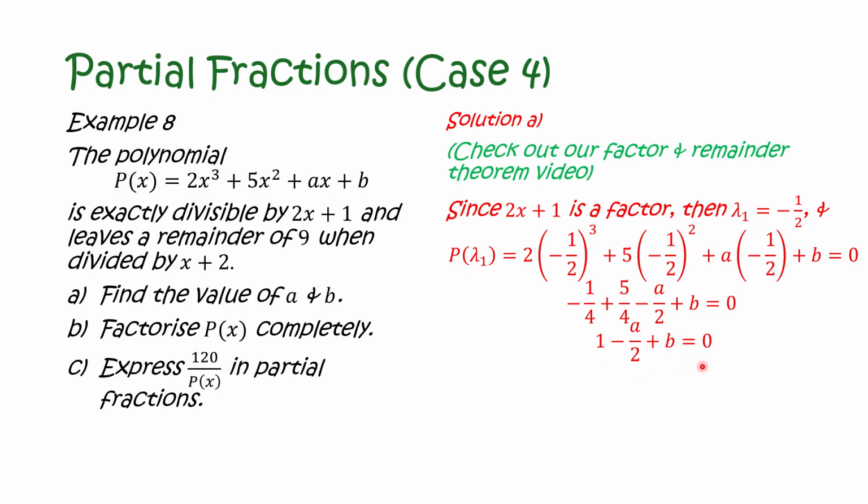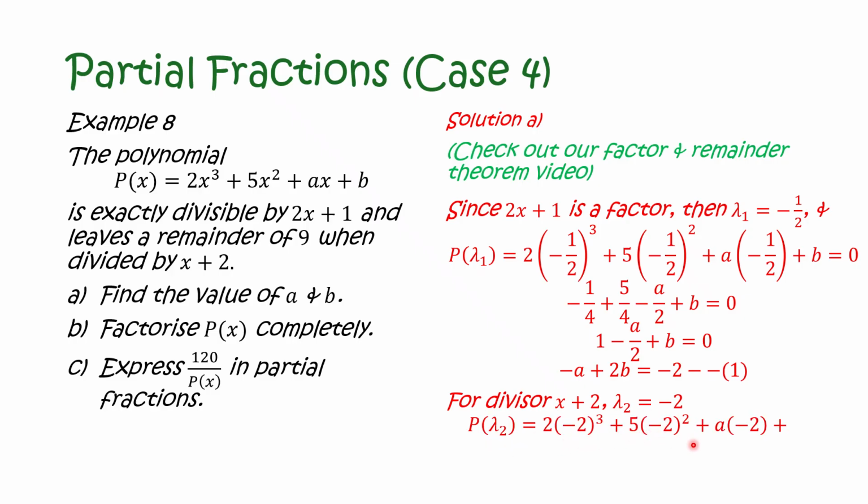So simplifying further, and of course clearing that and expressing that in terms of a's and b's without fractions, we are going to get -a plus 2b is equal to -2, and let's label this equation 1 for easy reference. So now for divisor x plus 2, we have lambda 2 is equal to -2. So we use the same logic in order to get the lambda 2.